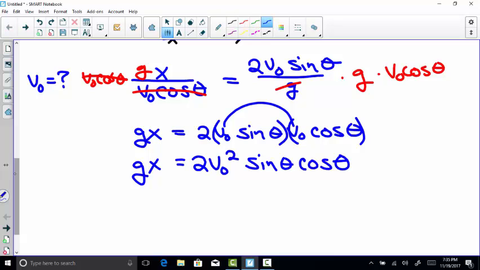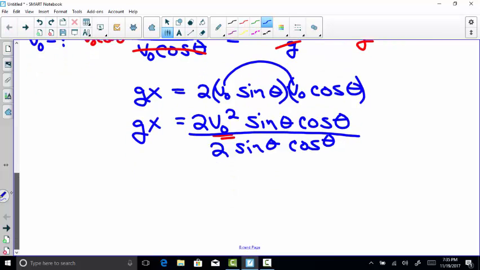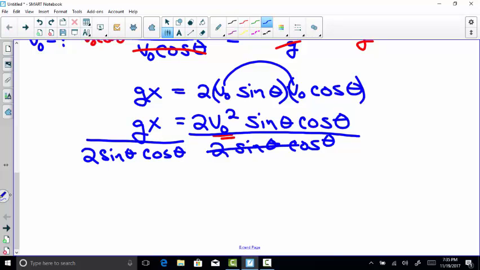Now, what I'm trying to get is this term by itself. So I'm going to divide both sides by 2 sine theta cosine theta, and I have to do the same thing over here. That cancels all of that.